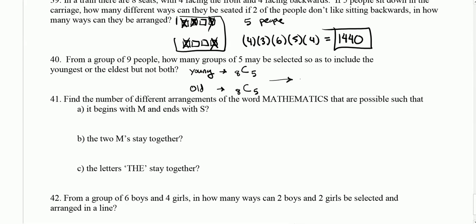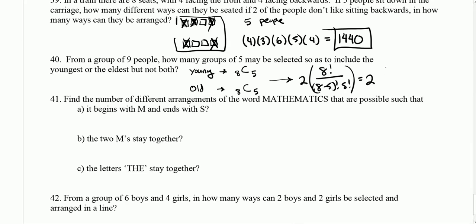So our answer is going to be 2 times 8 factorial over 8 minus 5 factorial times 5 factorial. The fraction is the 8 combination 5, and I'm multiplying it by 2 because I have 2 of the same value that I want to add together, which is equivalent to multiplying it by 2.